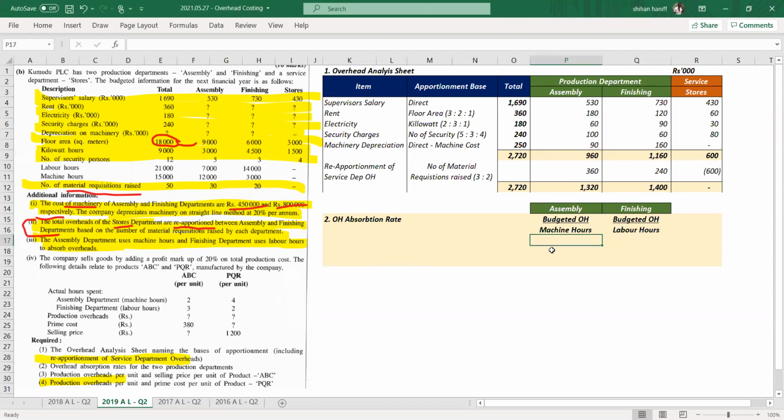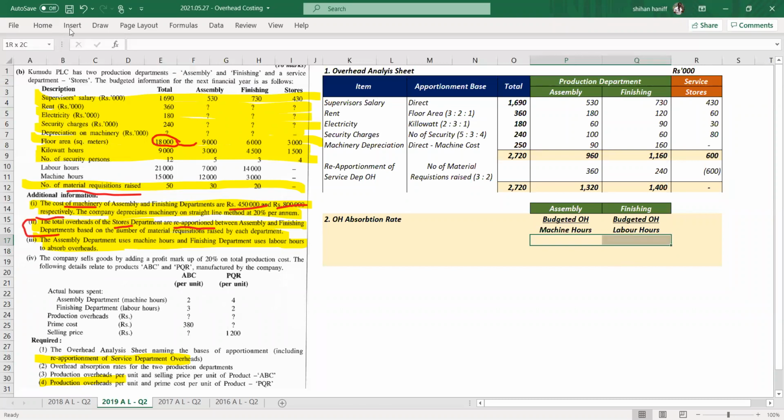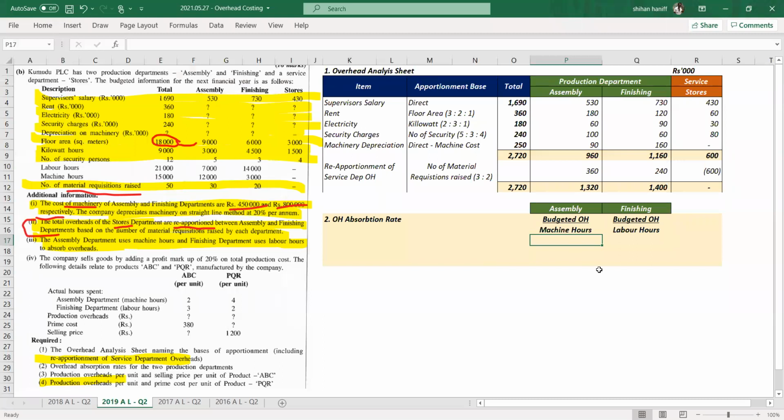So assembly department, budgeted overhead, let's write the total amount. This is 1,320,000 divided by machine hours.